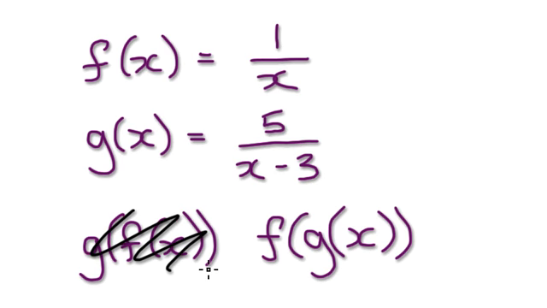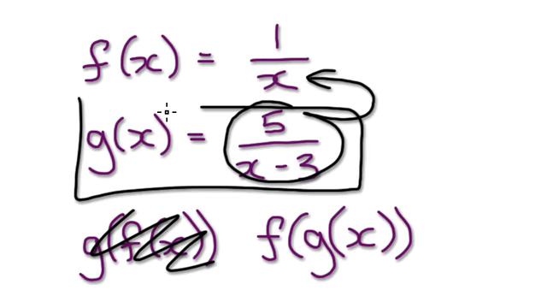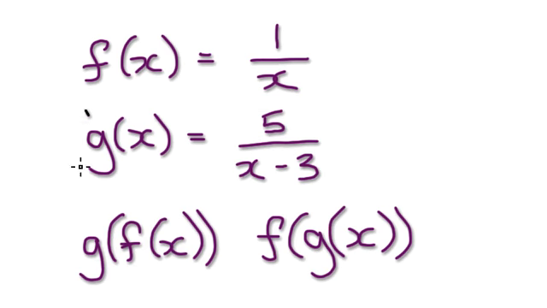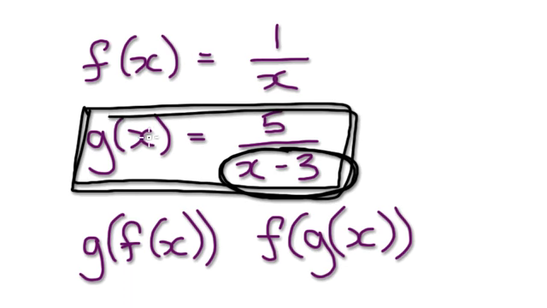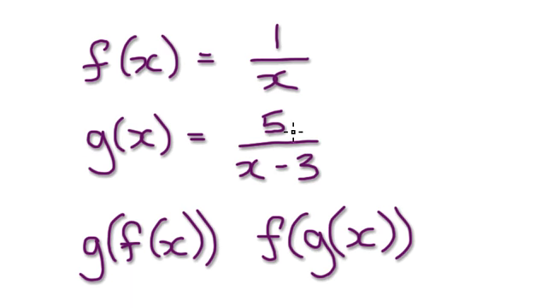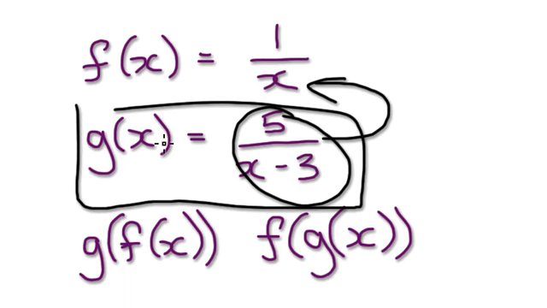Okay, so to do this here, we are putting this into here. So first step, imagine this as being a machine here. When does this machine break down? When this bubble here equals 0, that means the whole function here breaks down. When is this bubble 0? Well, when it's positive 3. So you know that you are going to put this function into this function, but this function here breaks down when you put 3 into the machine.